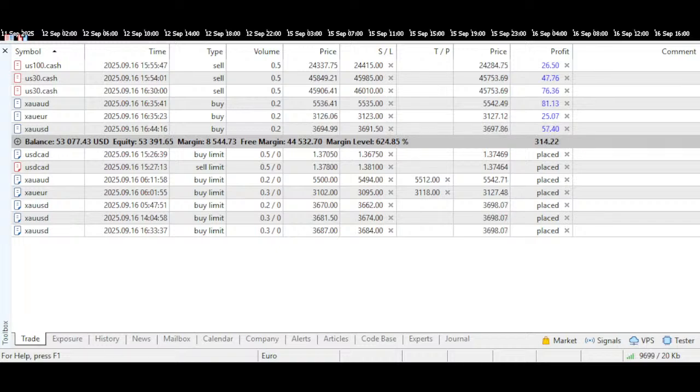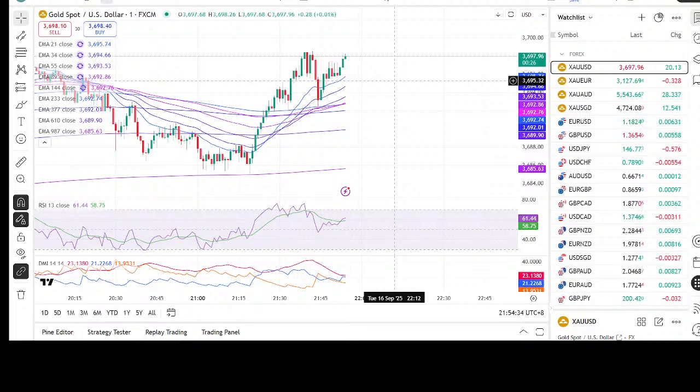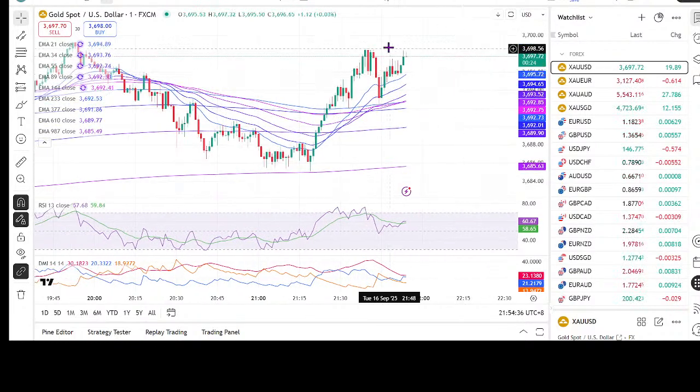So we have another 6 more minutes, and we need to see the price clearing the 3700. So still trying hard.